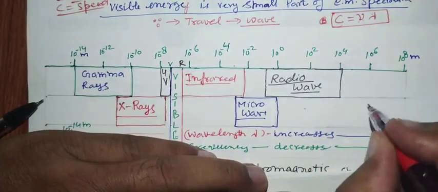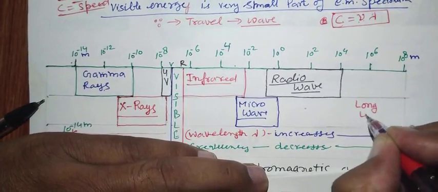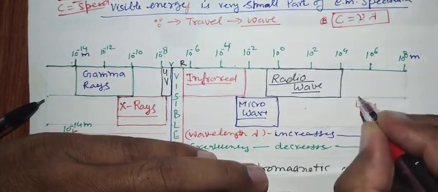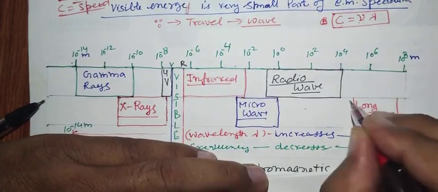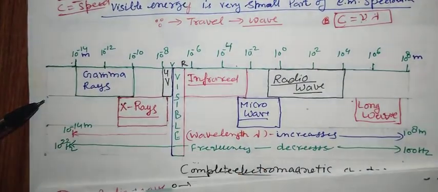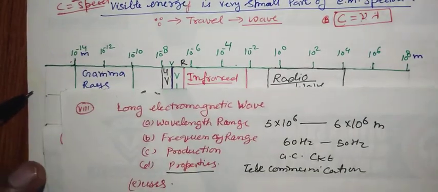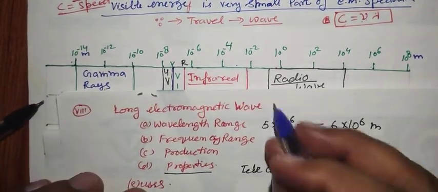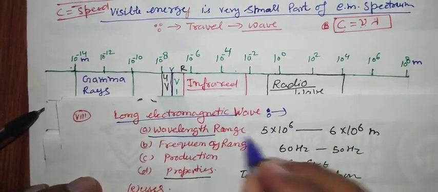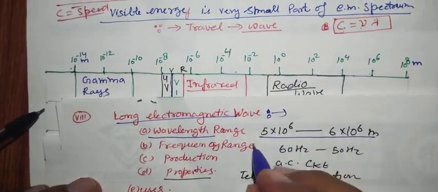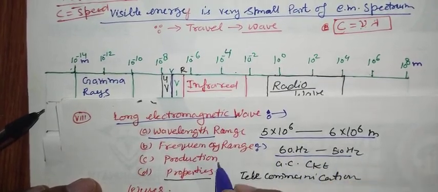After radio signal, there is the long wave, which lies in this range. The properties of long electromagnetic waves: wavelength range in meters, frequency range in hertz, a small range.